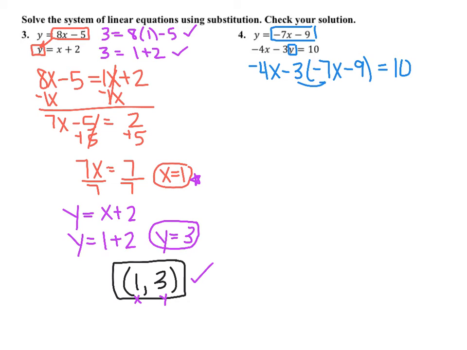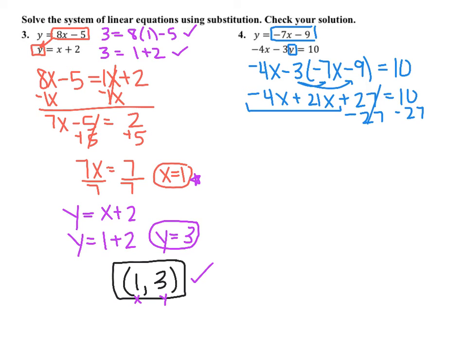And if I distribute my negative 3, I get negative 4x plus 21x plus my favorite number 27 equals 10. I can combine my x parts, and then I could move my 27 over to the other side.